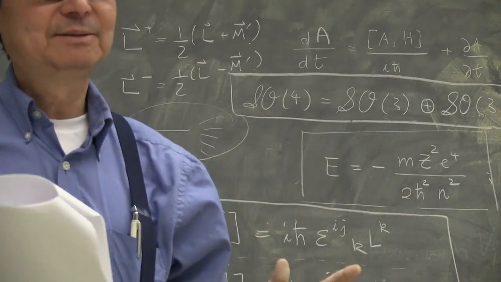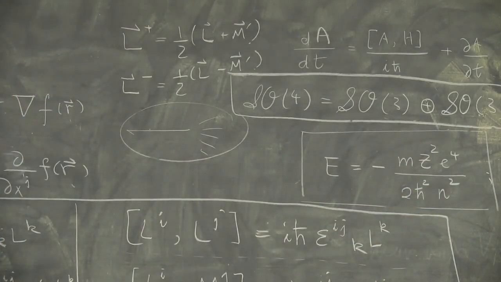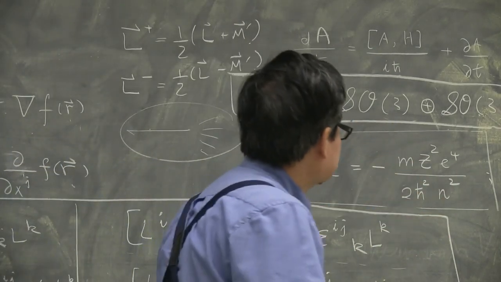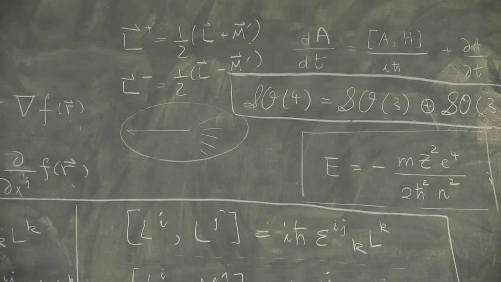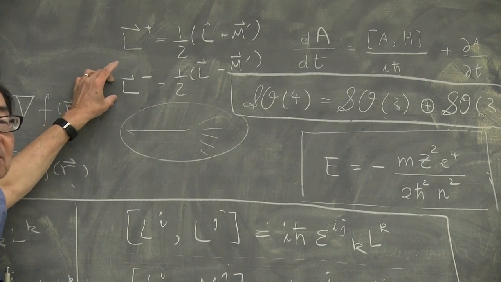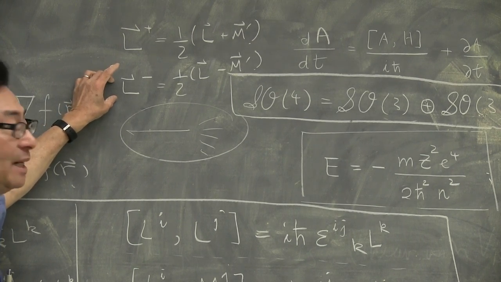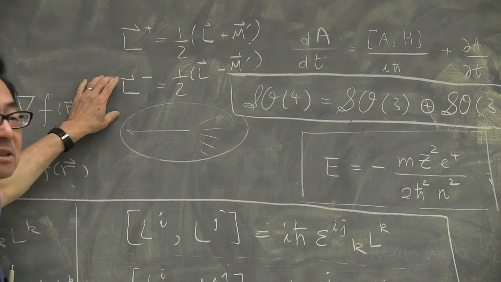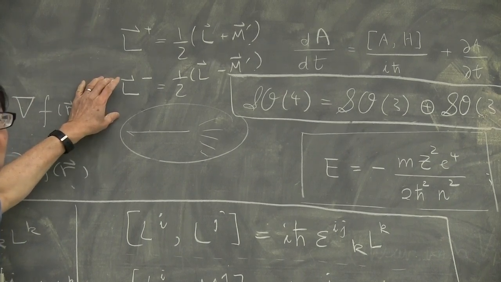Is that okay? So you can use either set. But what makes this breakup possible is that I have to demonstrate that the commutator between these guys and the commutator between these guys are 0. They commute so that each one of them lives in its own subalgebra, so to speak.